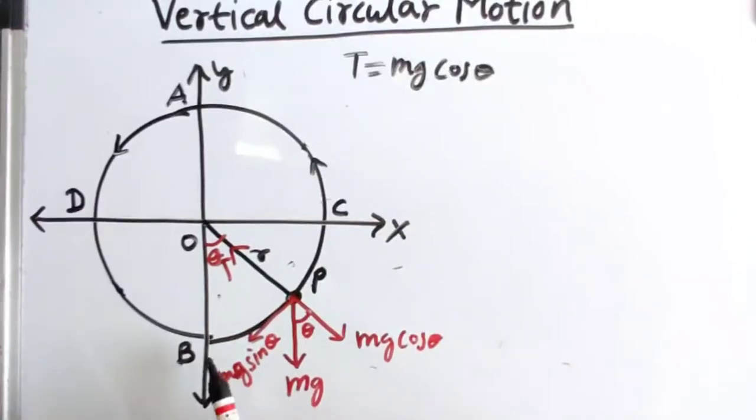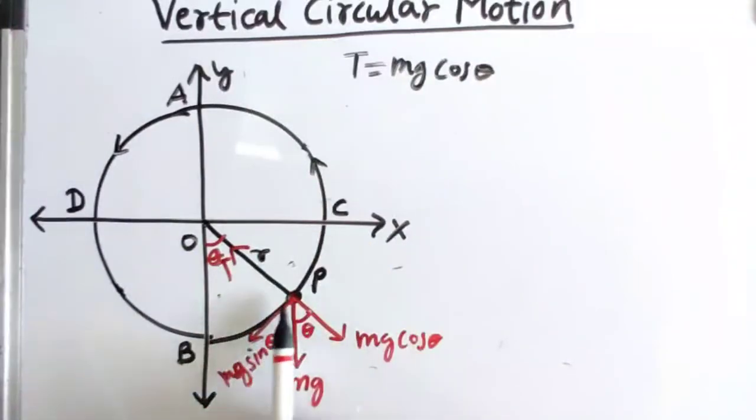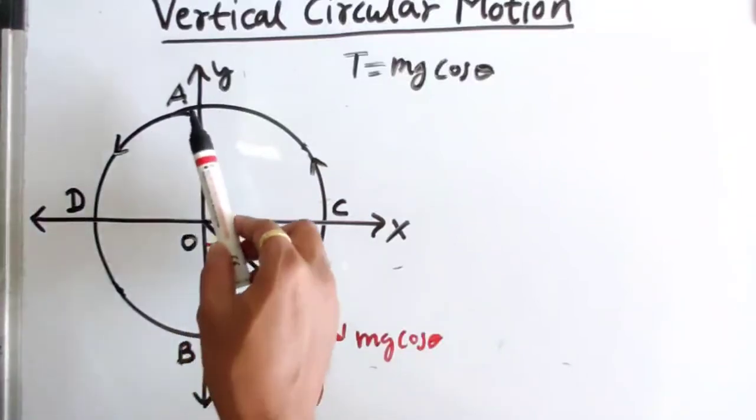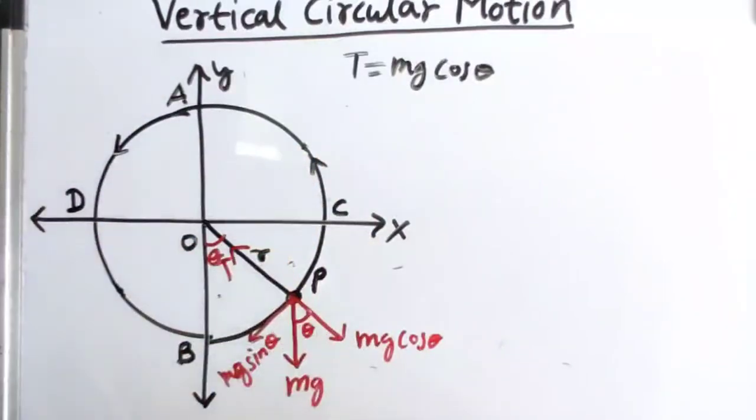That is, in vertical circular motion, the speed decreases along BCA in the upward direction and increases along ADB in the downward direction. Therefore, vertical circular motion is not a uniform circular motion.